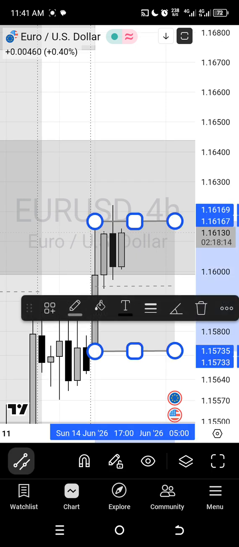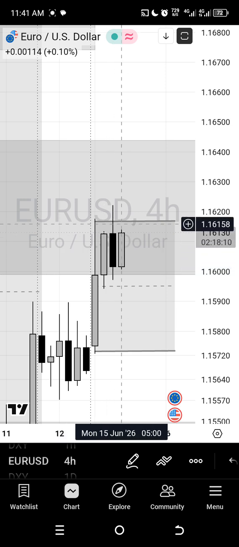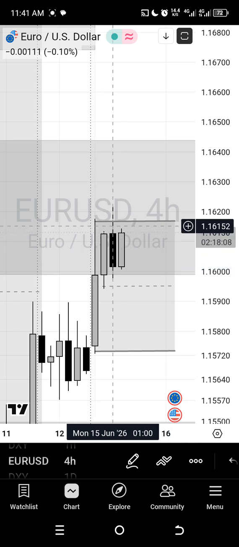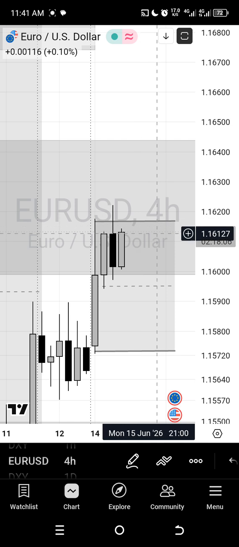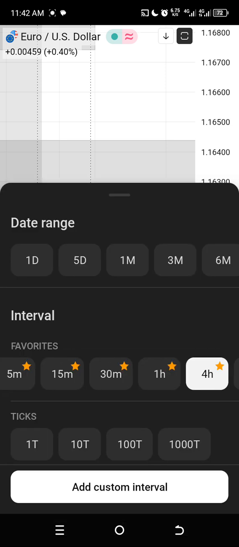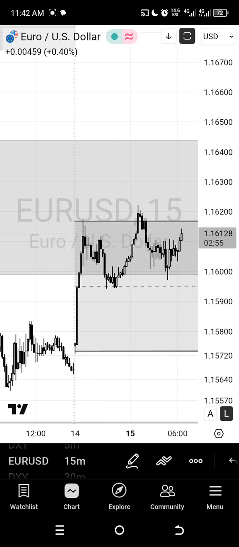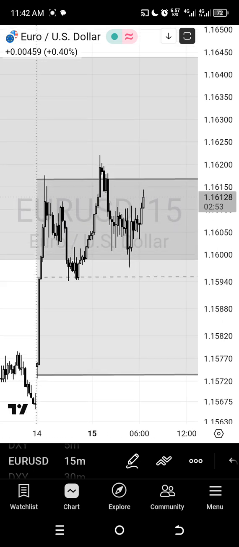We got this candle, and since we already got our manipulation of this range high within this candle, our job is now to look for a distribution to continue selling to 50% and then the opposing end of the range. Now our job is to look for a 15-minute confirmation, that is the confirmation when trading CRT, which is our model number one.